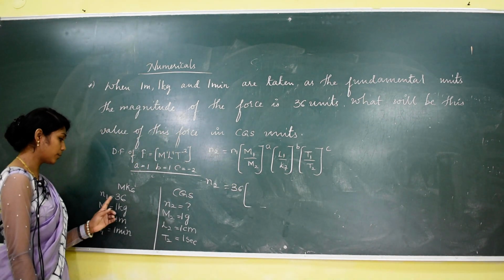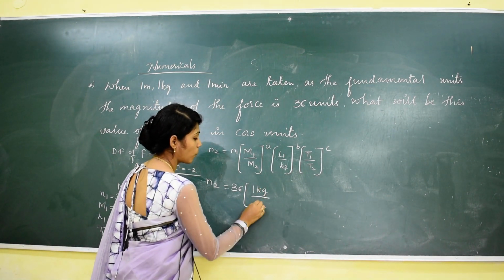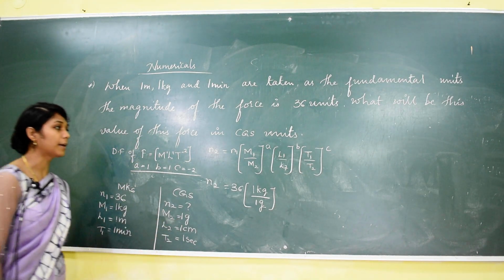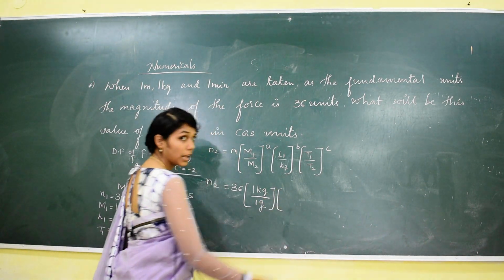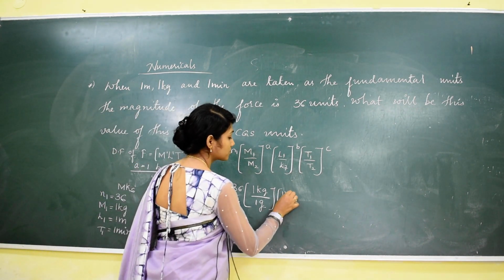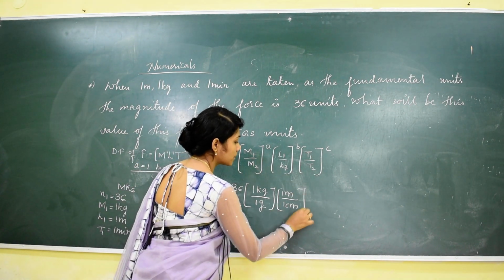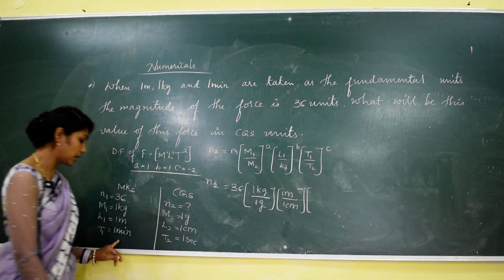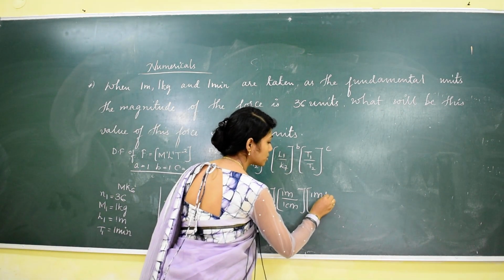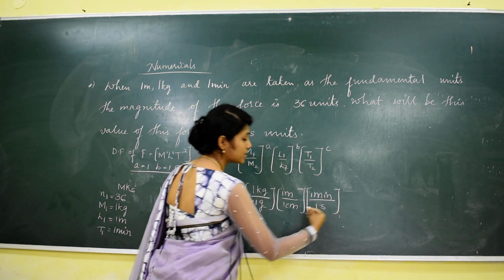And what is the value of m1? m1 is 1 kg divided by 1 gram, so m2 is 1 gram. Then L1 is 1 meter divided by 1 centimeter, and T1 is 1 minute divided by 1 second.